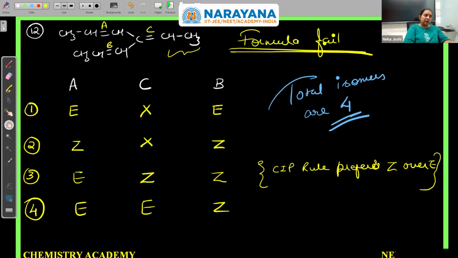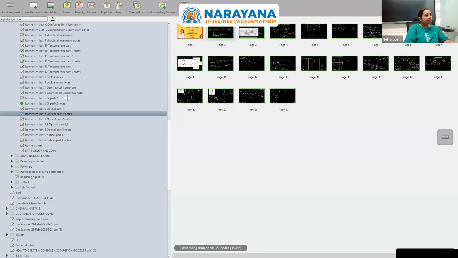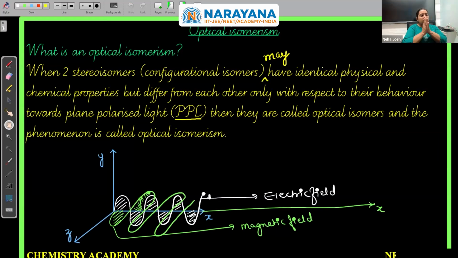Absolutely okay. So let us move to next lecture. Now we are moving to optical isomerism. Now, first of all, what do we understand by optical isomers? So when two stereoisomers may have identical physical and chemical properties but differ from each other only with respect to their behavior towards plane polarized light.